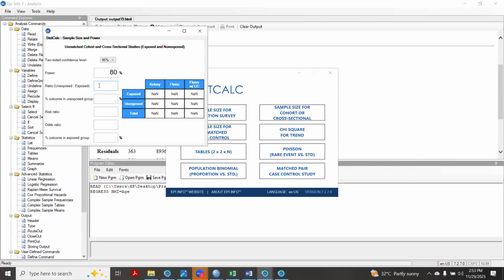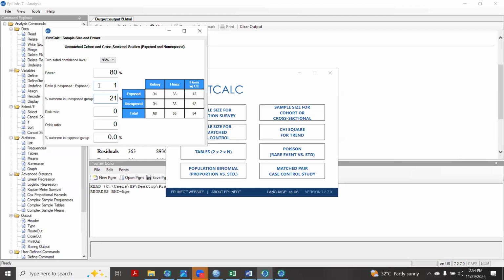Meaning that if you want to use the same sample size in your control as the same sample size in your case, then your ratio is 1. Then the percentage of the outcome in the unexposed, meaning the prevalence of the outcome in the unexposed, you have to get it from a previous study. The prevalence from a previous study maybe is 21%.